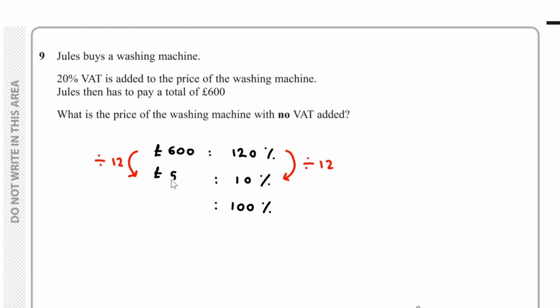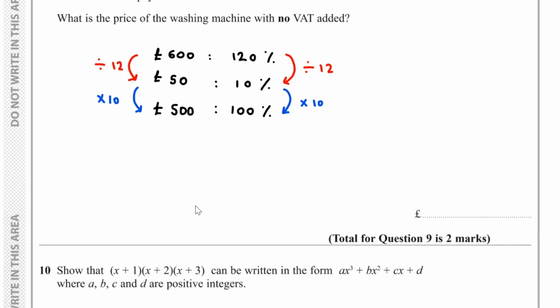So 10% would correspond to £50, and then from 10% to 100%, we would have to multiply by 10. So therefore, 50 times 10 is 500. So therefore, the price of the washing machine with no VAT added is £500.